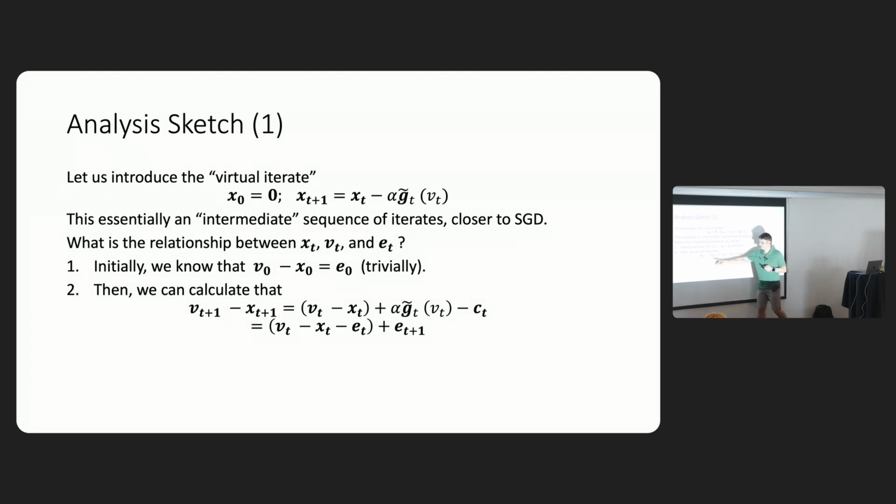We know that vt plus 1 minus xt plus 1 is, by definition of vt plus 1, going to be vt minus xt plus alpha gt minus ct. This follows if you use the definition of xt and the definition of ct.